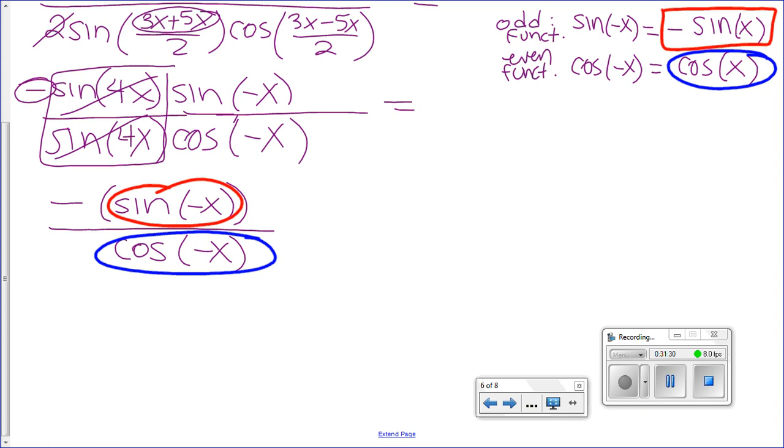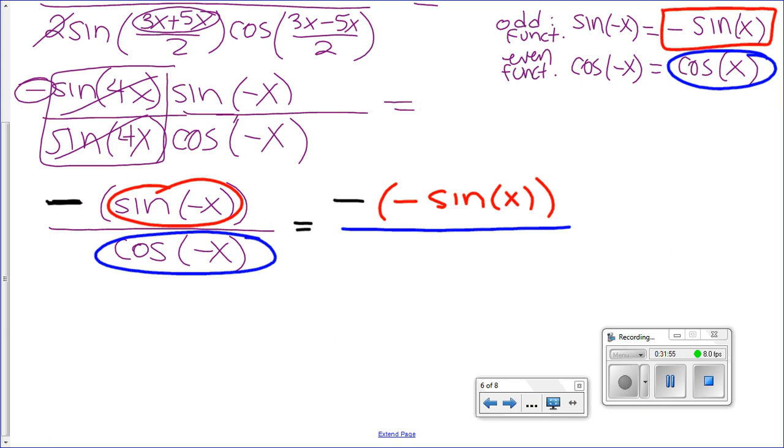See where I'm getting my substitutions from? Yes? All right. So this negative, I'm just going to write it down with black so you don't miss it. So this there. And then in red, I'm going to write down the other negative. So that was negative sine of x. And then on the bottom, we just have positive cosine x.